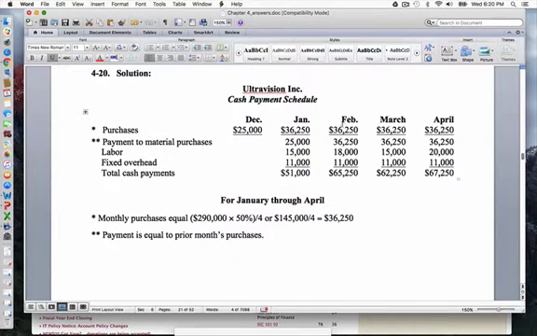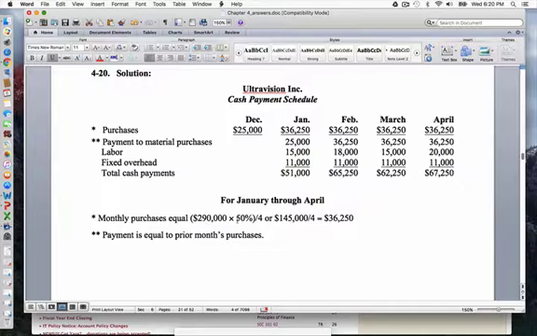Purchases. Well, this is coming from December, that was given. And the way you calculated these numbers was 290,000 divided by 4, which was 72,500. And then 50% of that is purchases.